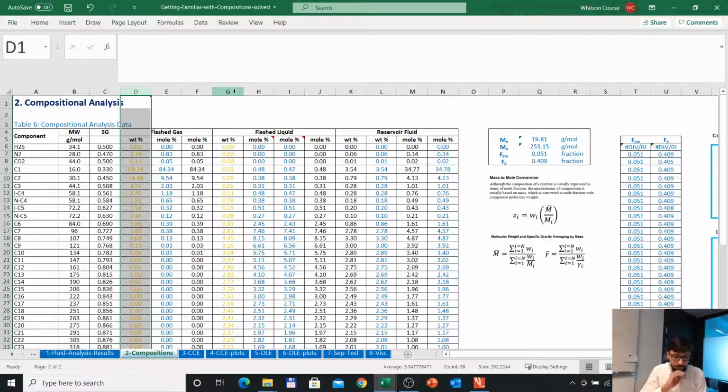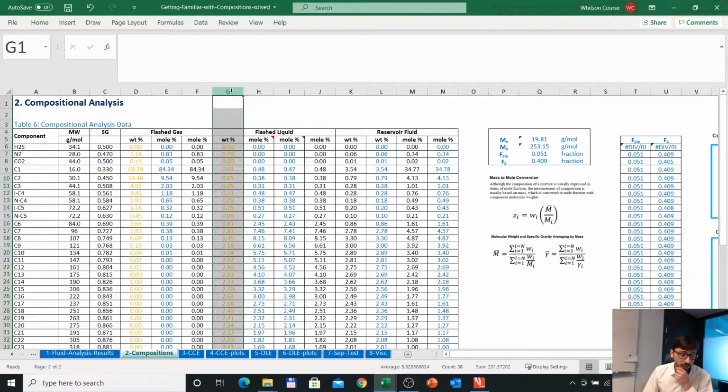So these two columns that are highlighted in orange, column D and column G, are the only measured compositional data. The PVT labs also measure, for example, the GOR and the density. In terms of compositions, when you look at the compositional tables the lab provided, these are usually the measured compositions.